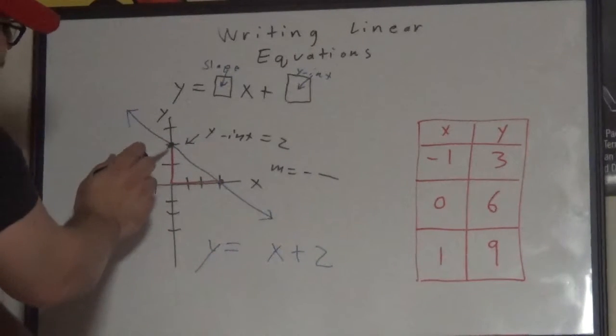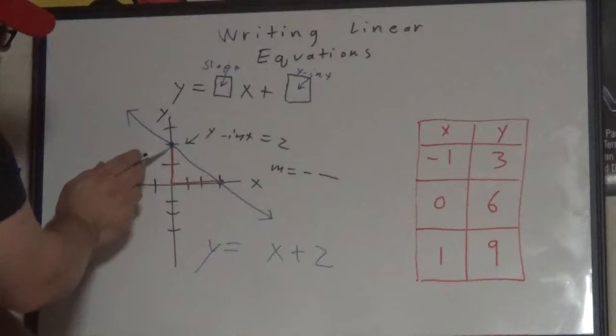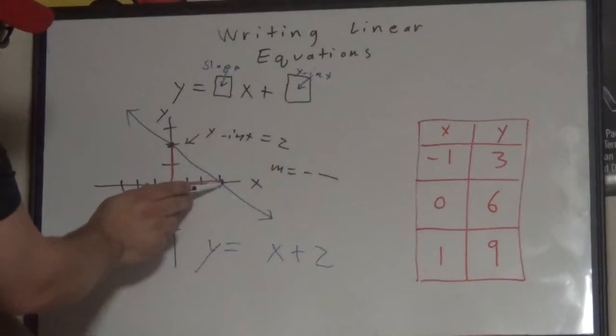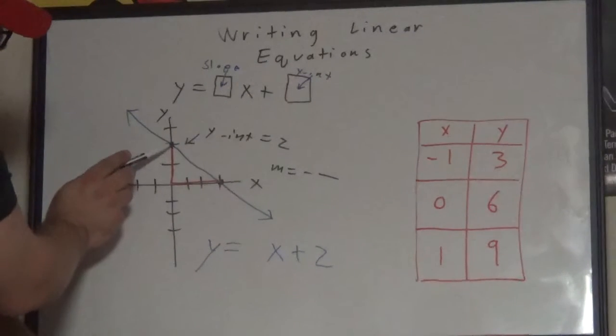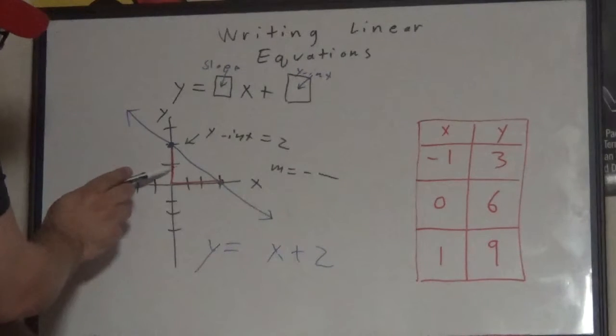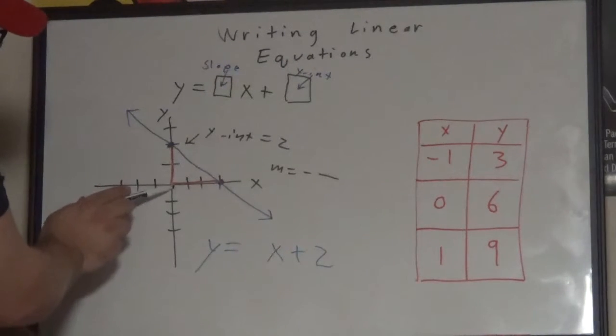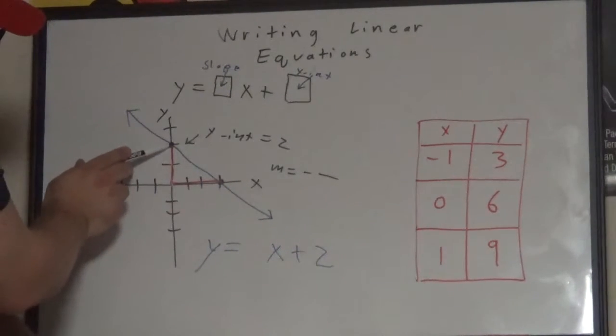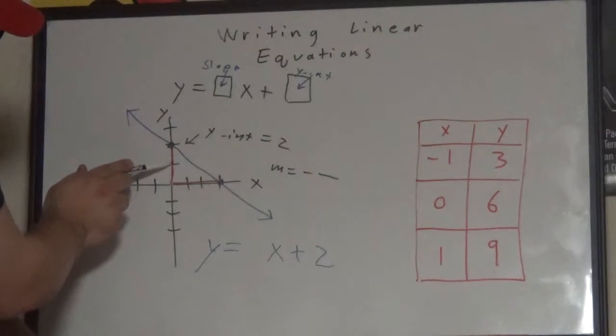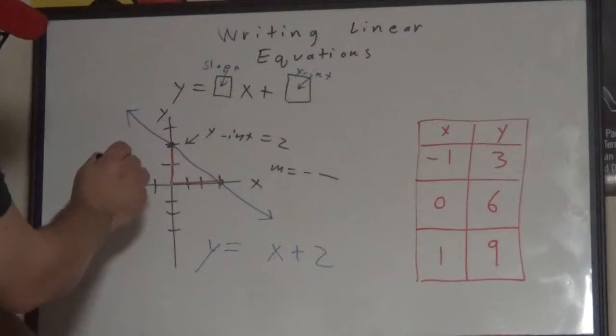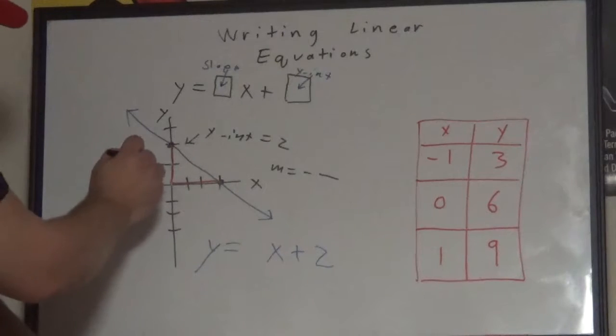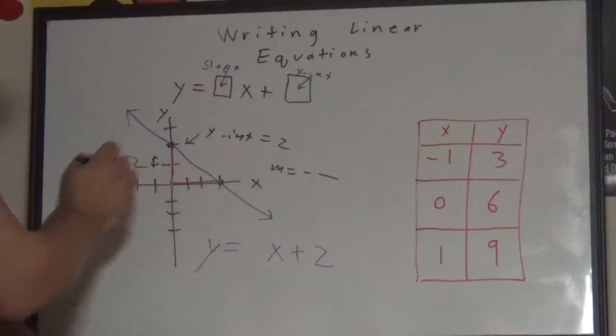So I'm going to start by counting how far we go up and down. Now we're traveling from this point to this point. So I drew down and then over to get to it. I'm going to count how far we go down. 1 unit, 2 units. That's 2. So up and down is 2.